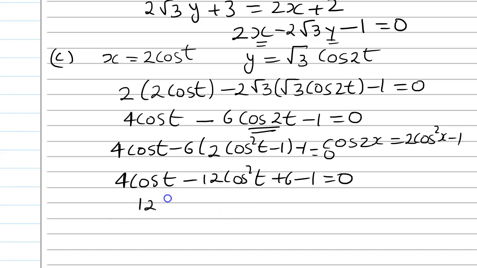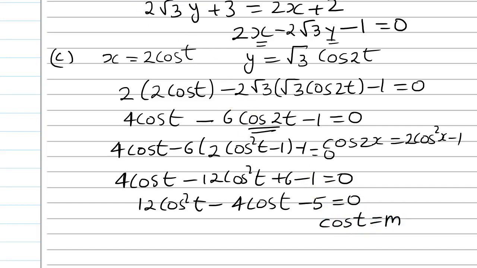So it will be 12 cos square t minus 4 cos t minus 5 equal to 0. Now let's put cos t equal to m, then it will look good, and later on we can replace this.